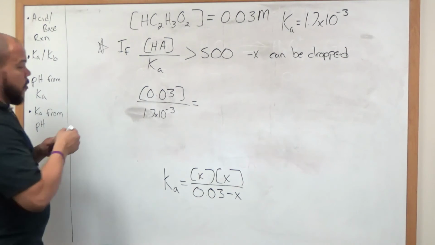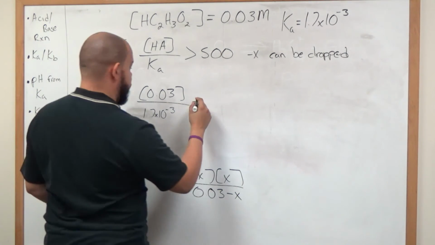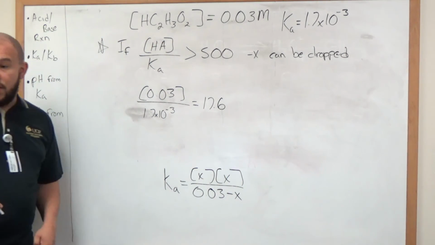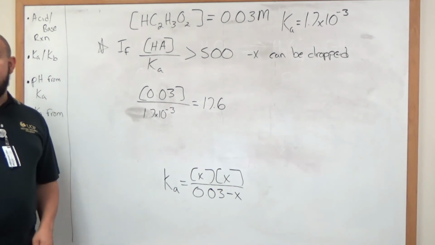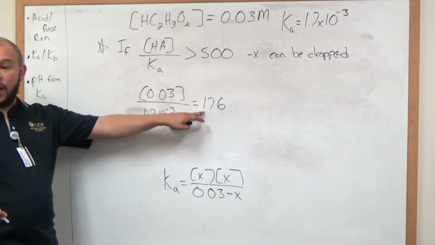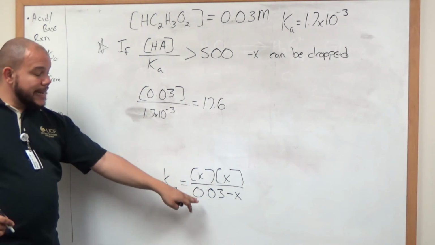And this ratio is 17.6. Okay? That means that we cannot drop x in this case. It is not large enough for us to drop x. Therefore, we need to keep x.